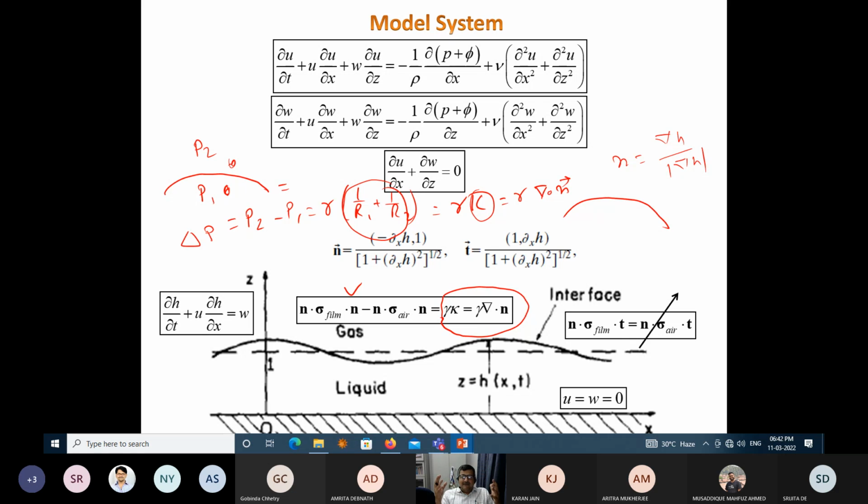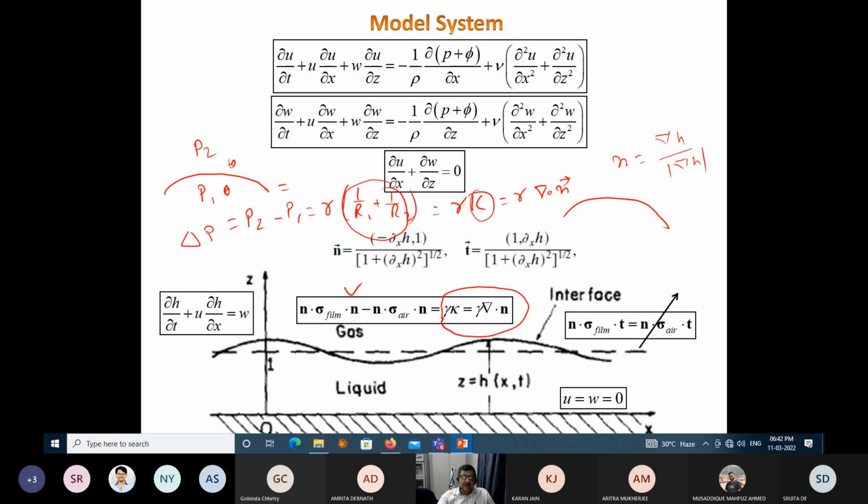But right now we are bringing in the concept of the fluid, and that is why we say the stress, the deviatoric plus the principal stress, that is sigma.